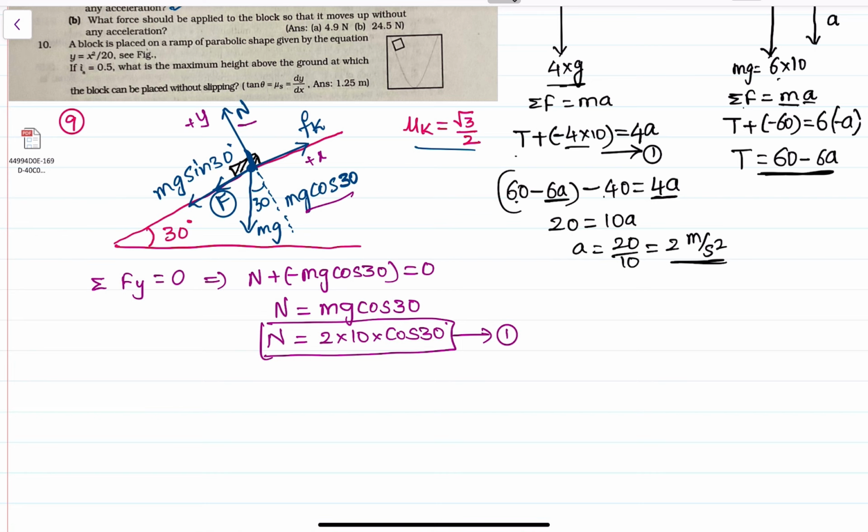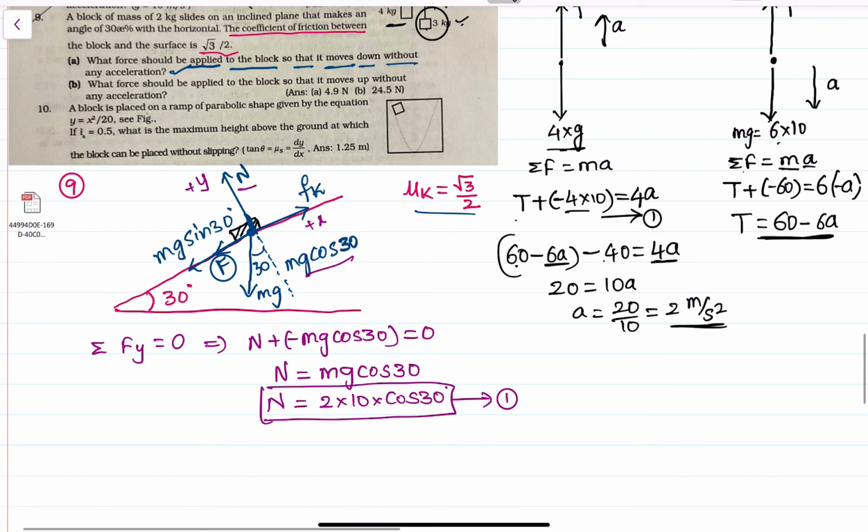Now I am applying forces. Let us check the forces on the x-axis. He mentioned that it is moving down without any acceleration, so acceleration along the x-axis is also equal to 0. If acceleration is 0, we should apply the first law of motion, that is sigma Fx is also equal to 0. What are the x components of forces?